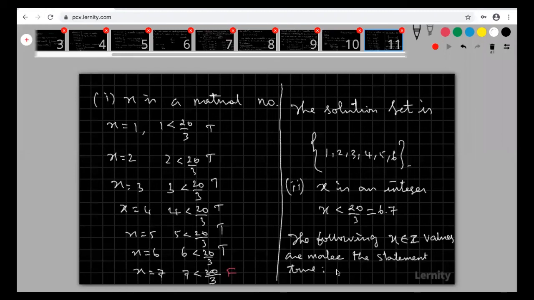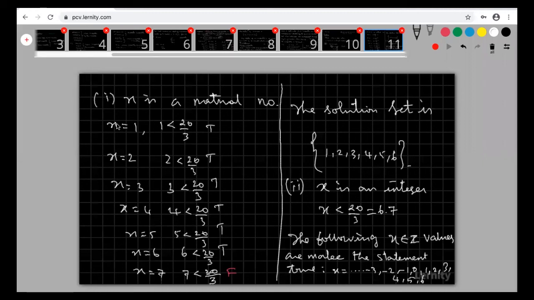X is equal to negative values -3, -2, -1, 0, 1, 2, 3, 4, 5, 6, up to 6. These values make this statement true. If you apply 6, then it is true. If you apply 5, then it is true. Apply 4, 3, 2, 0, -1, -2, -3, any negative value, this statement is true. So all these values satisfy this, making it true.